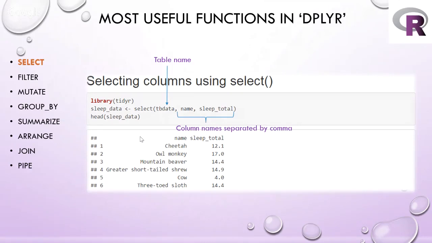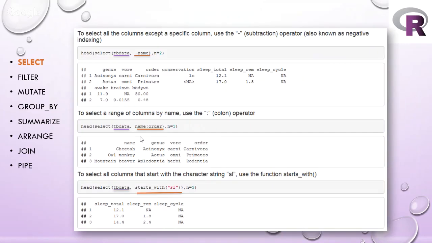Next, we have multiple ways to do select as well. This is one way, where we mention the table name and multiple columns separated by commas. But what if we want 48 columns out of 50, so we want to exclude two columns? We can use the subtraction symbol in front of the column name.